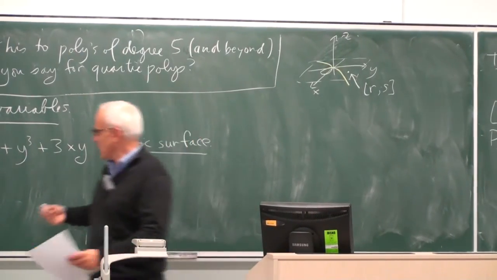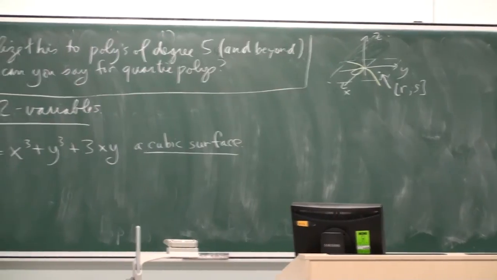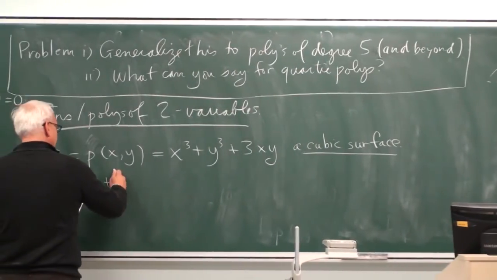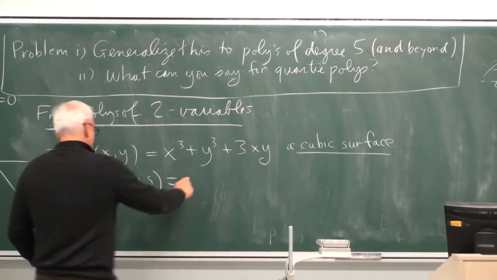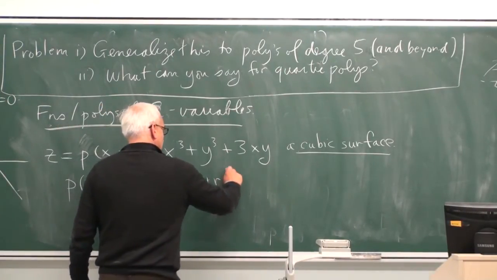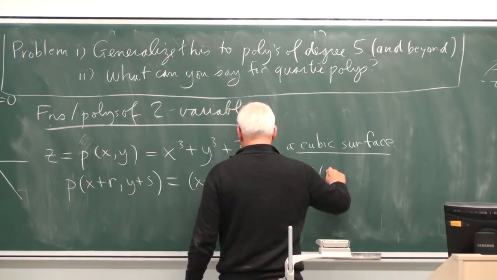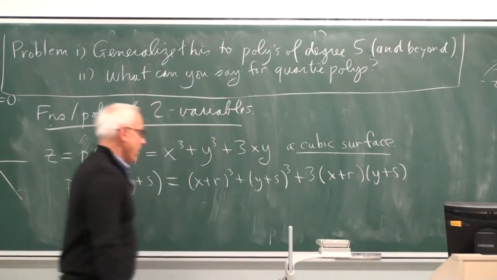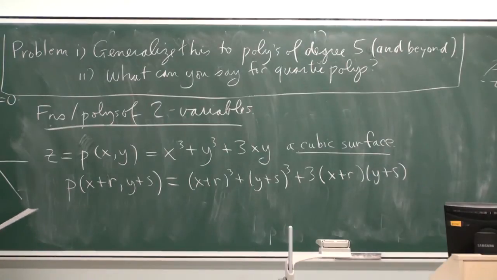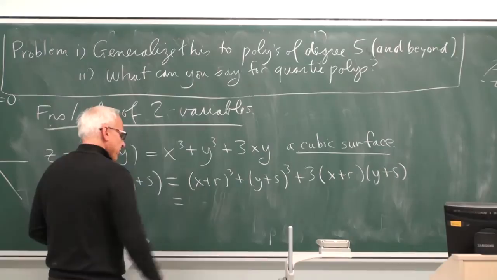The idea is that we're still going to do exactly the same kind of thing, so let's see what happens. We have to evaluate p of x plus r and y plus s. That's going to be (x plus r) cubed plus (y plus s) cubed plus 3 times (x plus r) times (y plus s). Now we want to expand that in powers of x and y, so we have to use the binomial theorem.